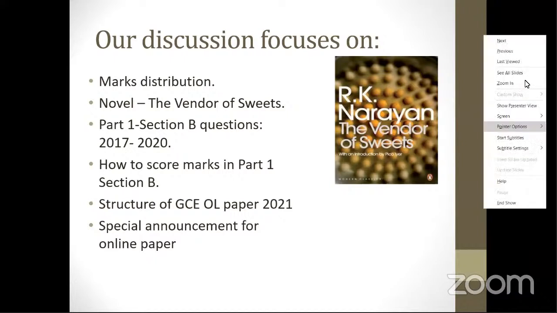So this is my discussion focus today. First, the paper and the marks distribution. You all know our paper consists of 3 parts. The first 2 come as part 1 and part 2, but the 3 parts come as section A and section B in part 1, and part 2.